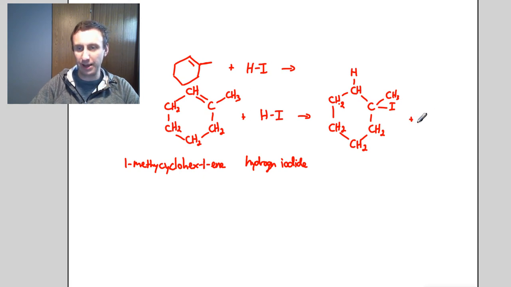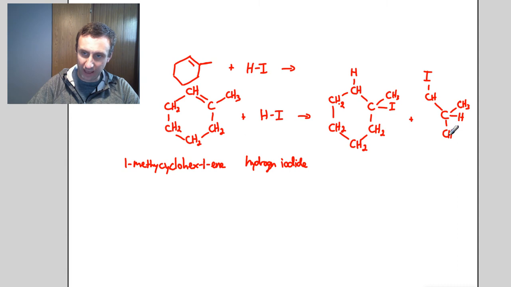So I broke my double bond to add the hydrogen and the iodine, so I end up with that product, but I also end up with the product where the I adds to this carbon and the H to this carbon. So how that would look is I would have CH going to an I, then I would have this carbon, which now has the CH3, and I'll draw the H separate as well. Not necessary. You could draw this as just CH here, but I want to show that that added.